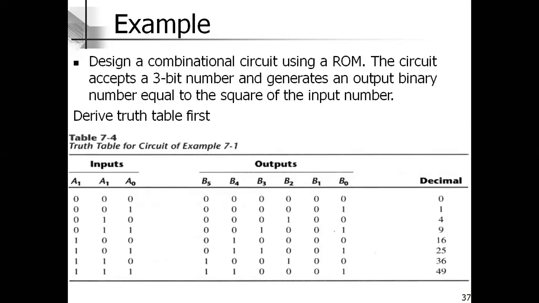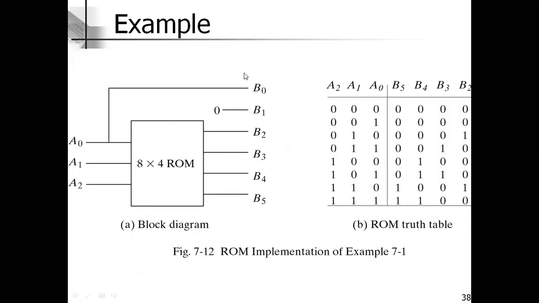Now an example: design a combinational circuit using a ROM. Sometimes they ask the question like this. The circuit accepts a 3-bit number and generates an output binary number equal to the square of the input number.